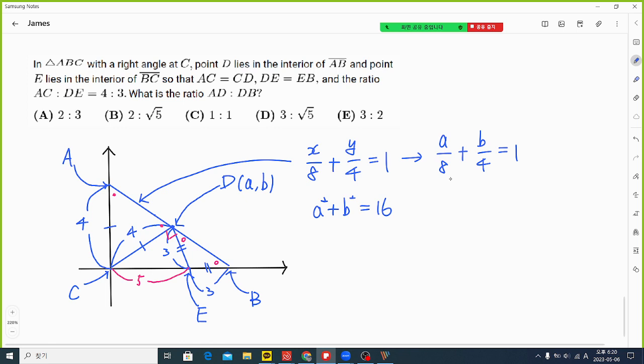So when you solve this system, when you multiply a to both sides of the equation, we can substitute a with a minus 2b.